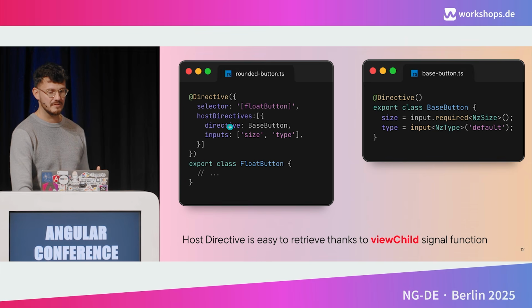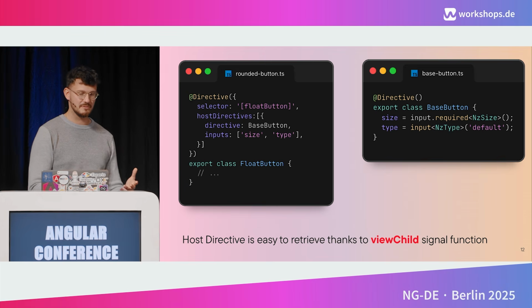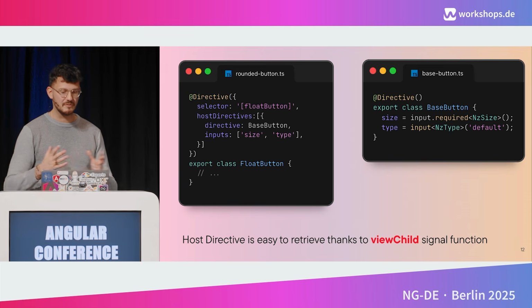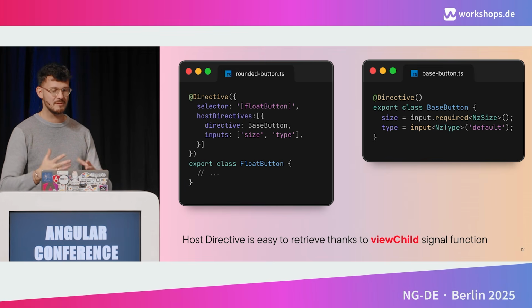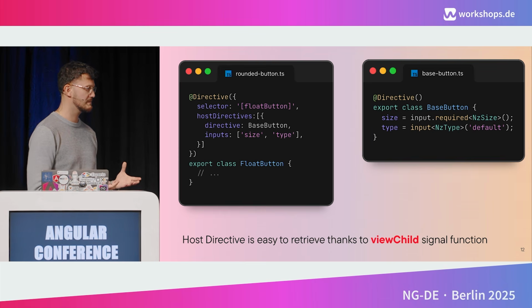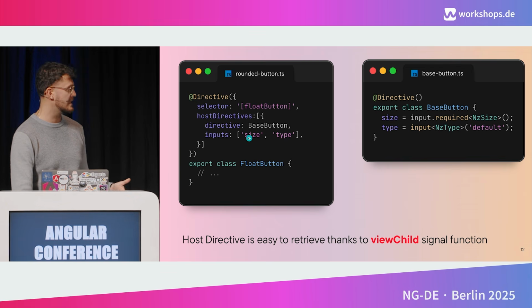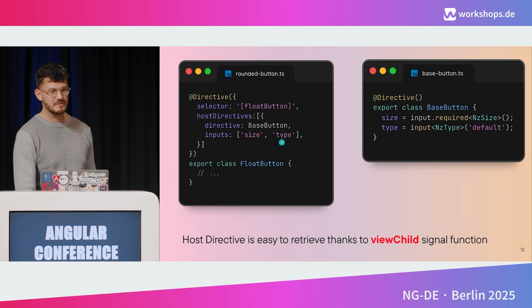So to declare a host directive, it's an array, just an array of directives, or an array of tokens, or an array of objects describing which directive is being extended and also the inputs you want to expose. Okay, that is very important. So here I expose the size, but I also expose the type.